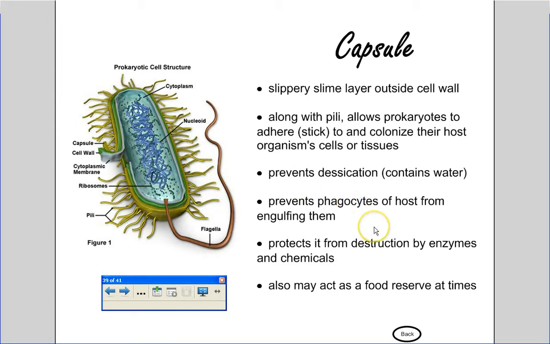It prevents phagocytes of the host, so white blood cells that might come and engulf them, from doing that. It protects it from being broken down by enzymes of their hosts. And it also can act as a food reserve. So if they're low on food supply, then they can eat their own capsule.